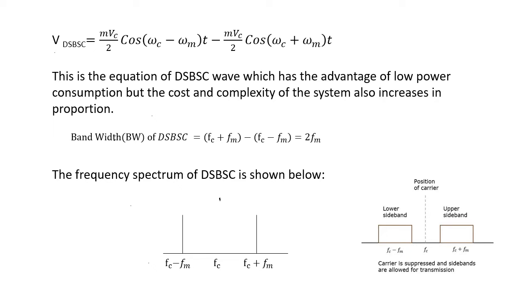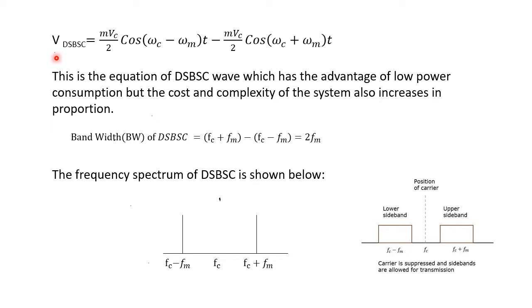As is evident, when we suppress the carrier component, only two sidebands will remain in the amplitude modulated wave, the lower sideband and the upper sideband.